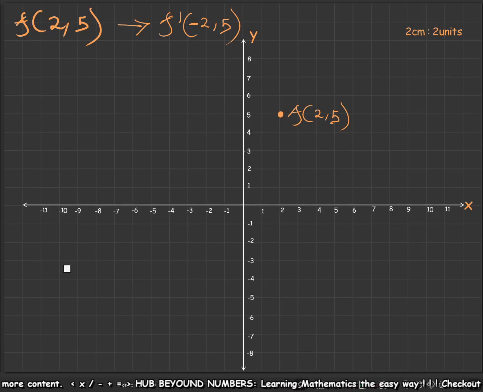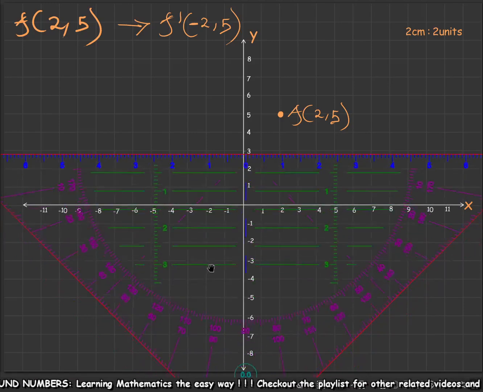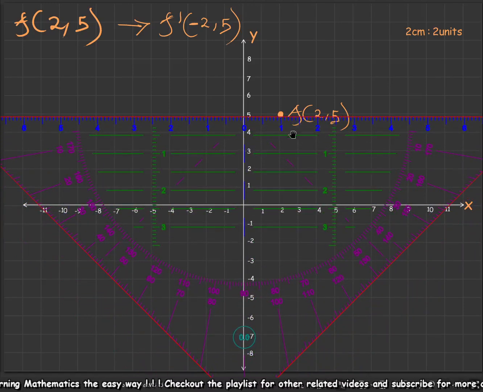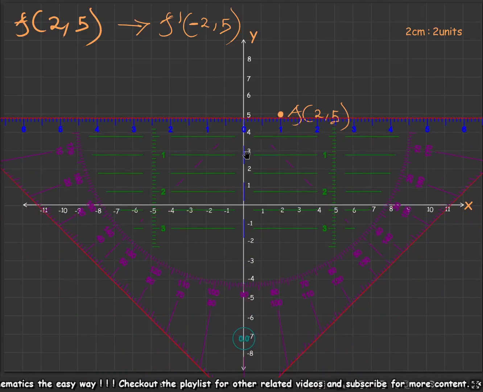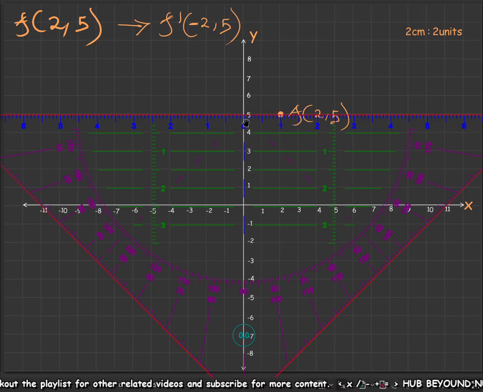This is where we have our object and we want to reflect it. So all you do is you take your ruler and then you measure the distance. This is our mirror line. So you are going to measure the distance of this point here away from your mirror line.